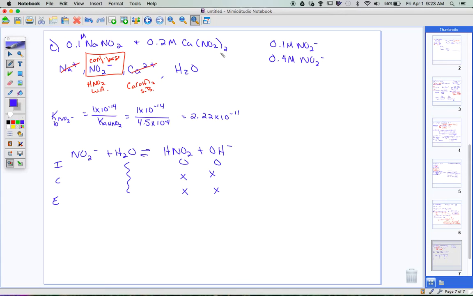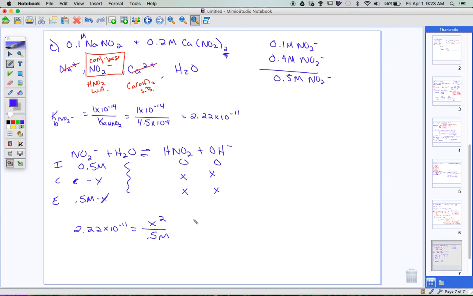It's 0.2 molar to begin with, but we have 2 of them, so 2 times 0.2. So altogether we have 0.5 molar NO2 minus. So this is 0.5 molar. So, whoops, minus x, so 0.5 molar minus x, and we're going to assume that that x doesn't matter. So 2.22 times 10 to the negative 11th, which is our Kb, is going to equal x squared over 0.5 molar.